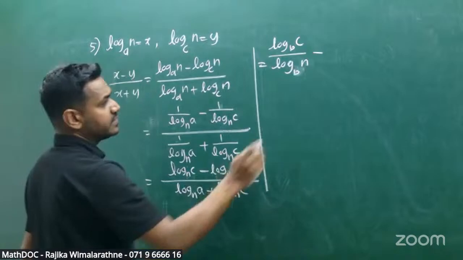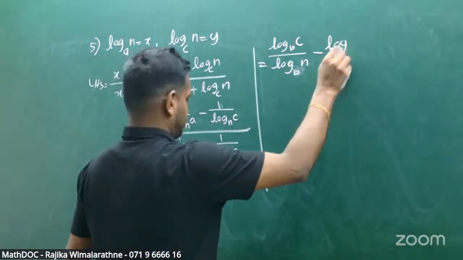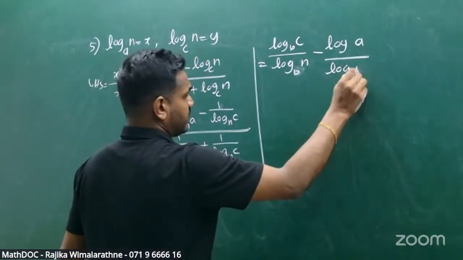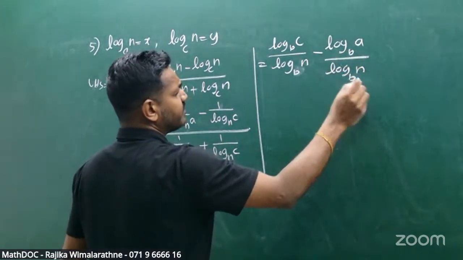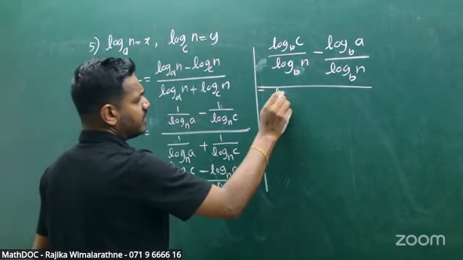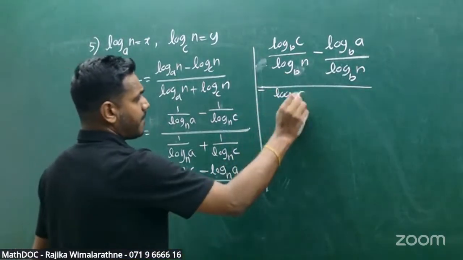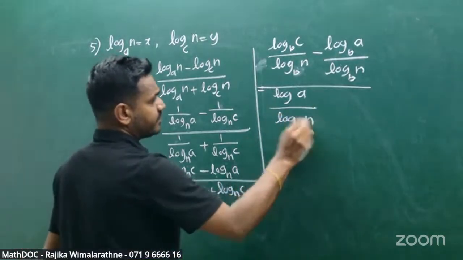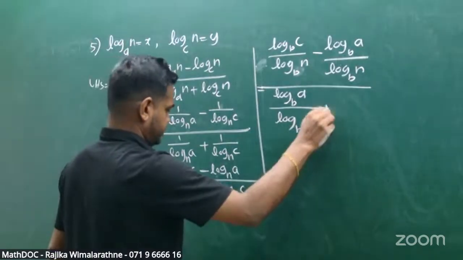Here for this, log a divided by log n. Put base b. Put the common base b.